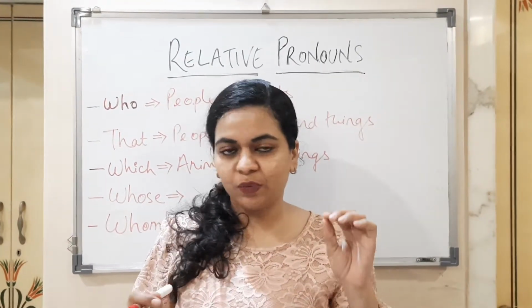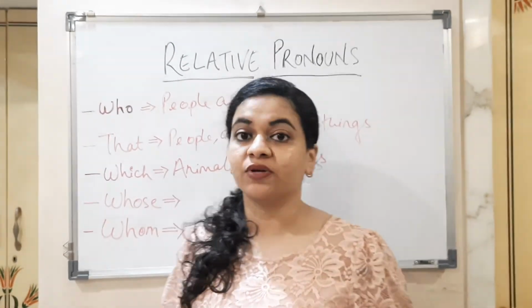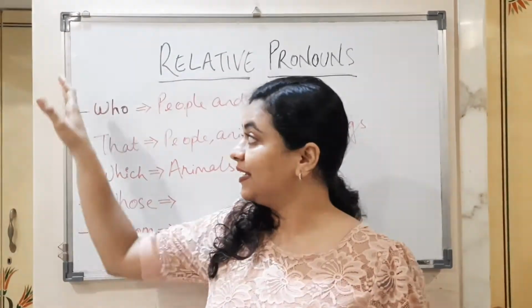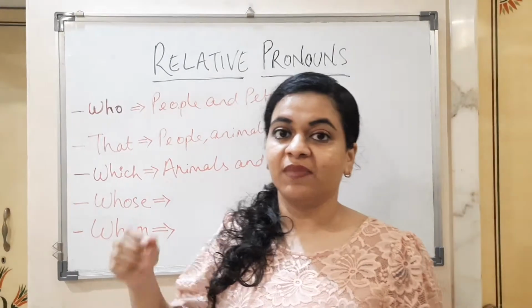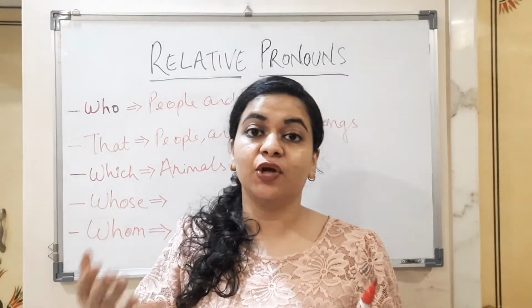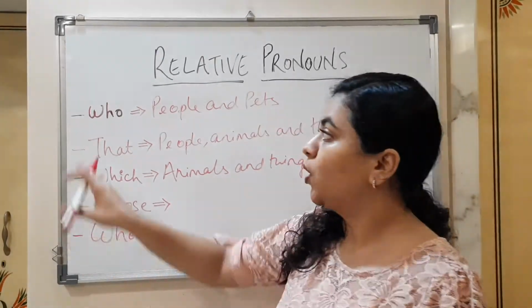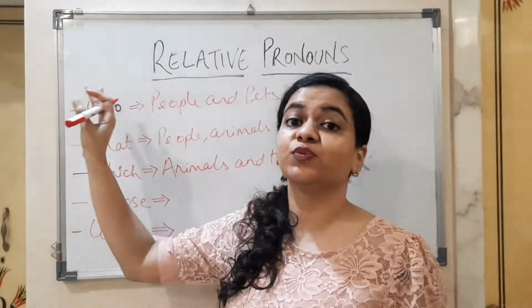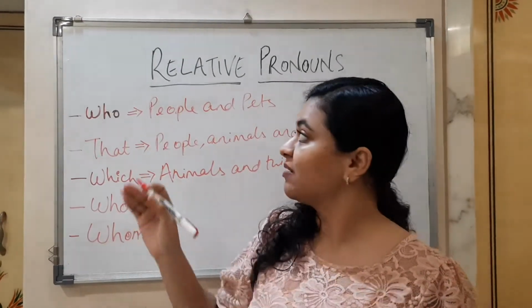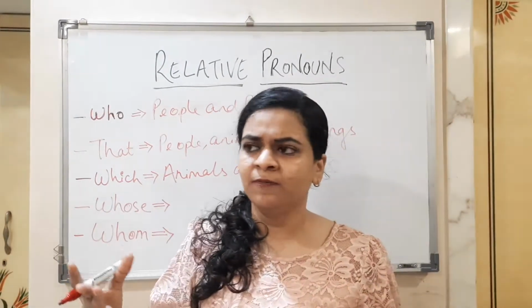Now, there's one very important thing when you talk about relative pronouns. There is a category that each one of these falls under. Either a relative pronoun could be defining or non-defining. Now, who is a defining as well as a non-defining pronoun, which means that I may be talking about a lot of people.